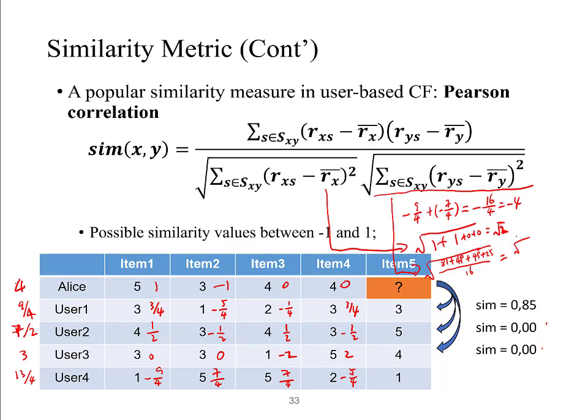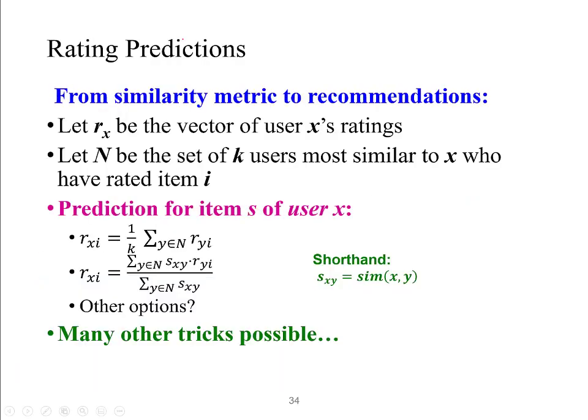Eventually, it would be equal to 204/16, which is then, if we do the computation, we would eventually get this number, minus 79. All right. So this is how we compute the Pearson correlation similarity.